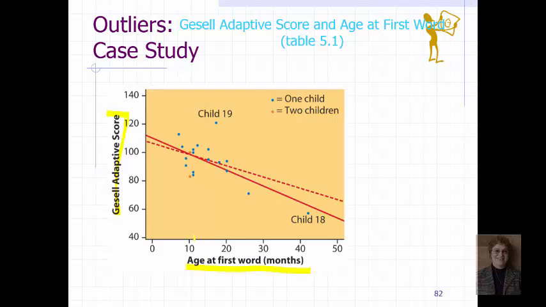And so you can see we've got some things happening. We've got child 18 out here that's very far from the clump, and then we have child 19 that's very far above. The red line is our line of least squares regression from all the data, but if we take out child 18, notice that the slope of our line gets a little less negative.